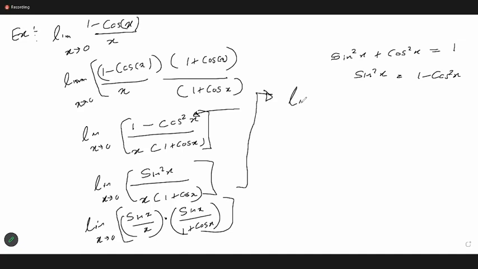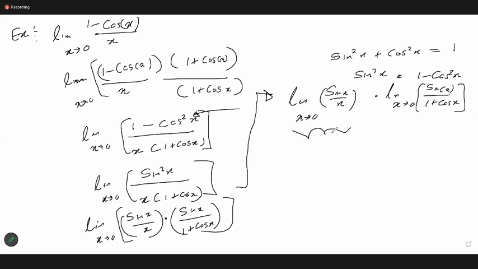Then I can separate the limit. Limit as x approaches 0 of sin x over x, times limit as x approaches 0 of sin x over 1 plus cos x. Now you know the answer for this.